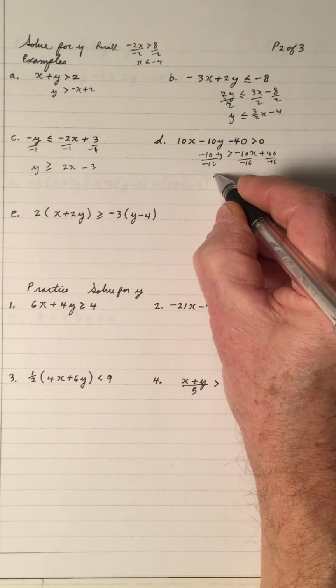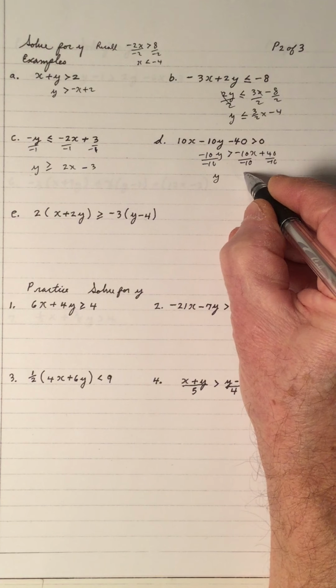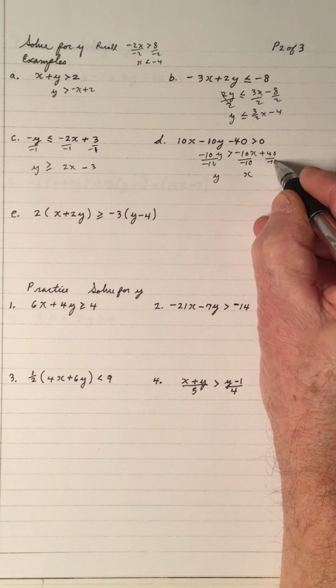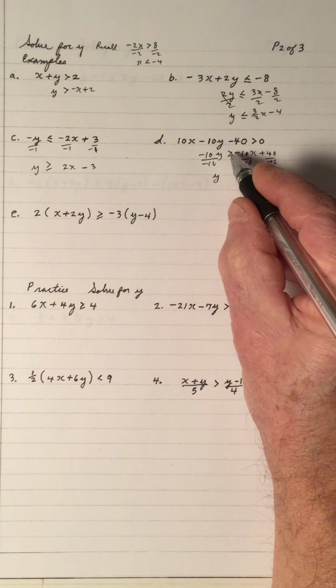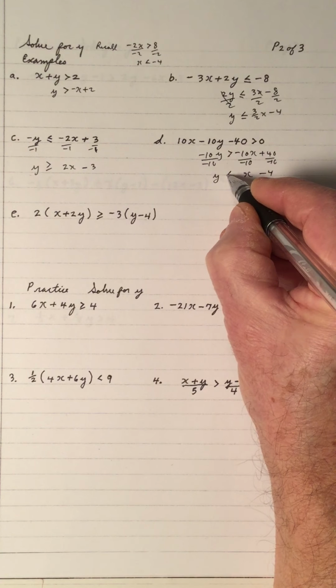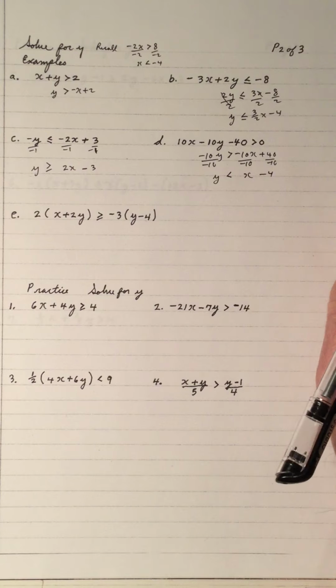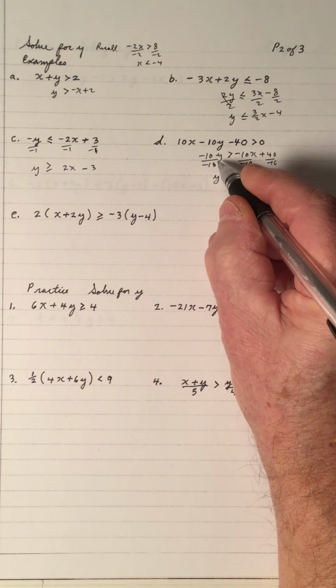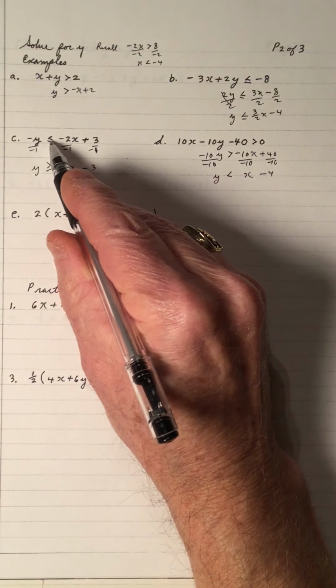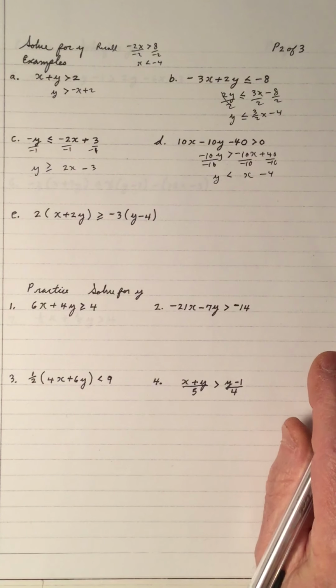Dividing by negative 10 makes that a 1x, which is x, and makes this a minus 4. Again, because I divided by negative 10, this becomes a less than. Dividing by a negative number on the last step changes your direction. A less than becomes a greater than, and a greater than becomes less than.